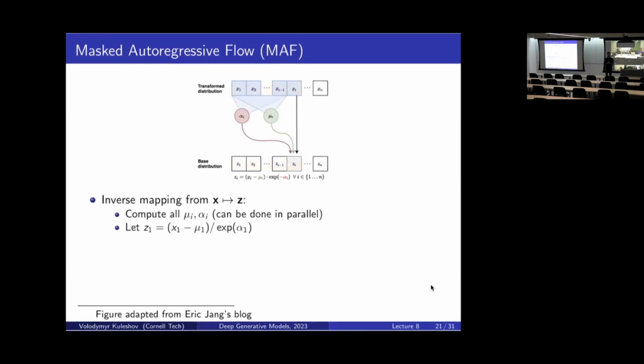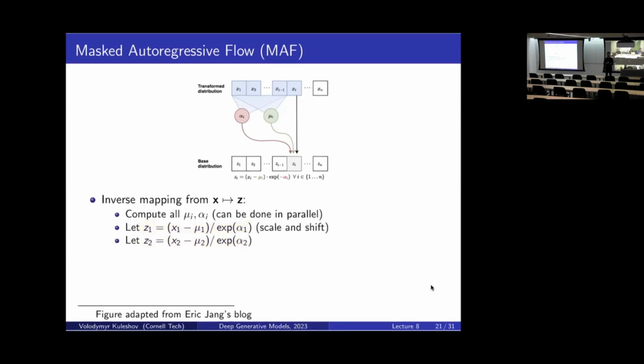And given that I have these parameters, I can now, again in parallel, compute all the zi's, right? So the first z is just going to be a simple rescaling of the x. It's just an affine transformation, a scale and shift. So this is what we do here. The inverse is just straightforward.